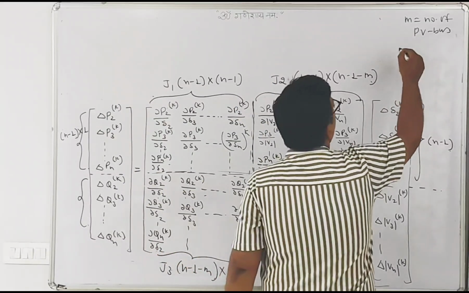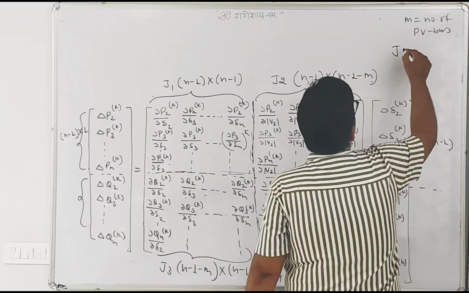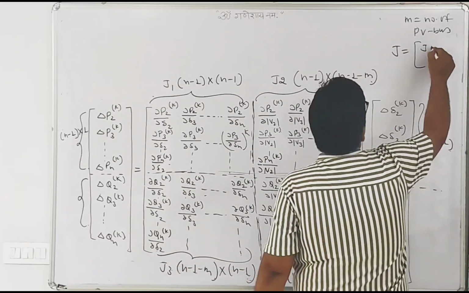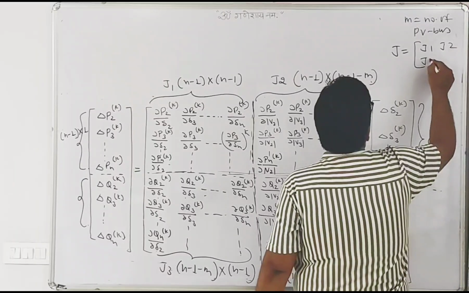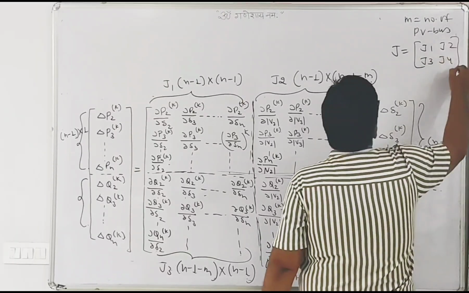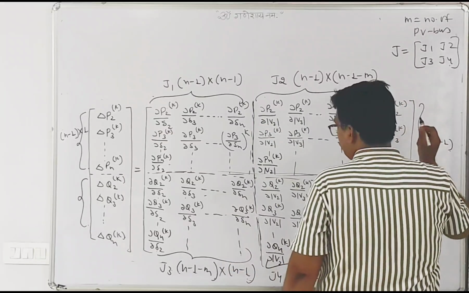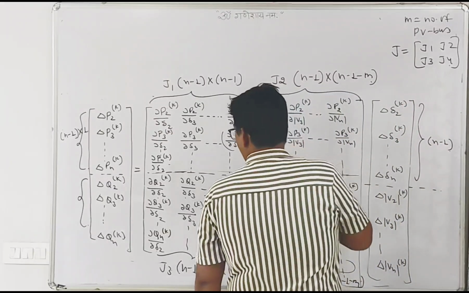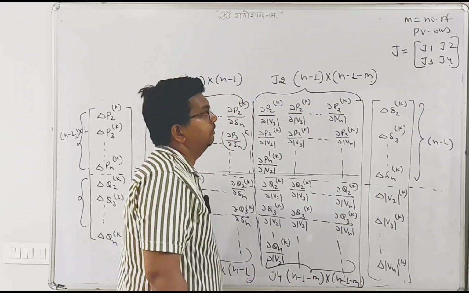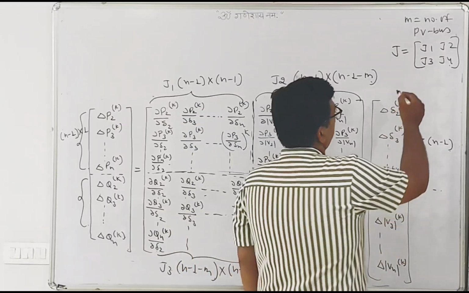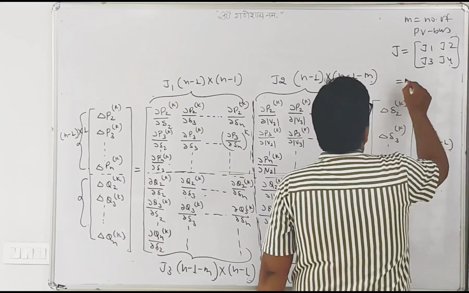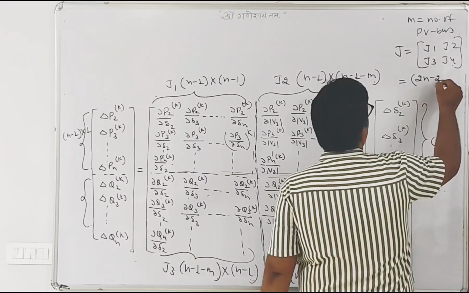That is a very important thing. The structure of J looks like this: J1, J2, J3 and J4. So what is the final structure, the size of J?